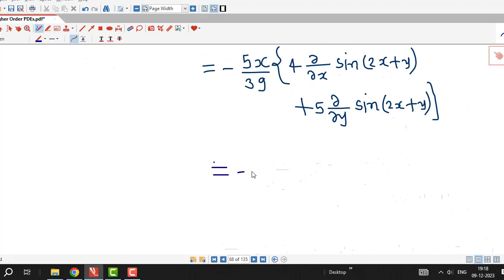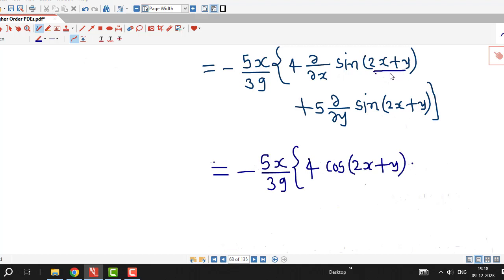So let me write this as it is, minus 5x by 39, and here 4 as it is. Partial derivative of sine function is cosine of 2x plus y, and into partial derivative of 2x plus y with respect to x, that is 2, that is by chain rule.